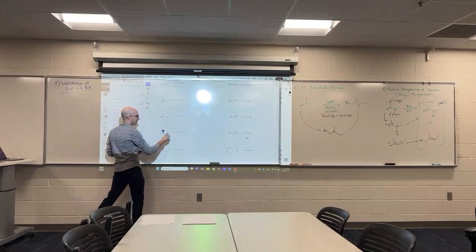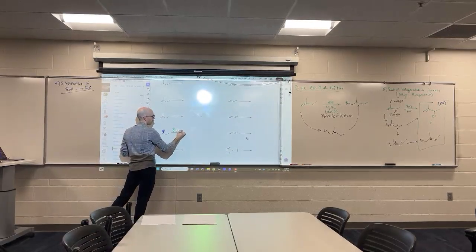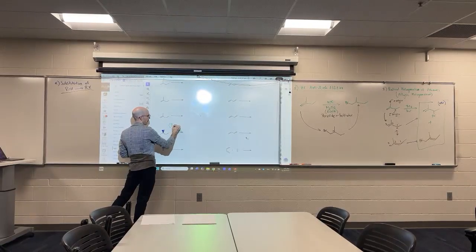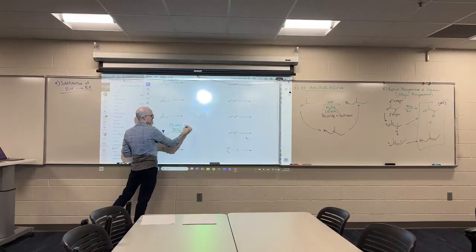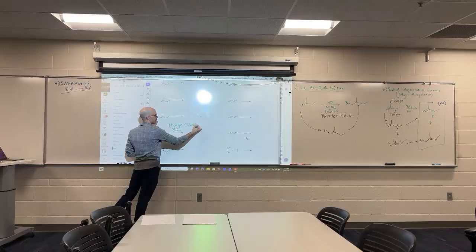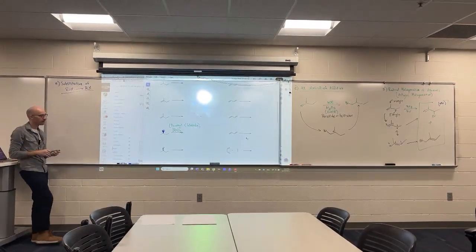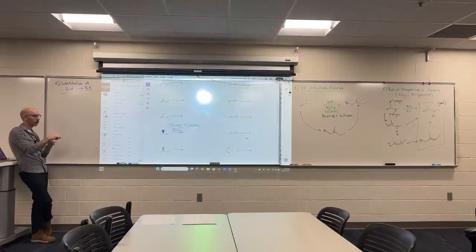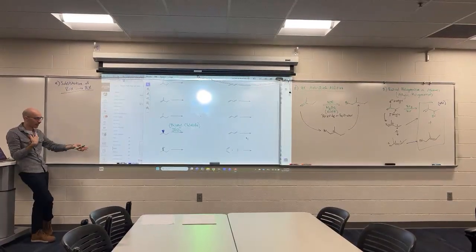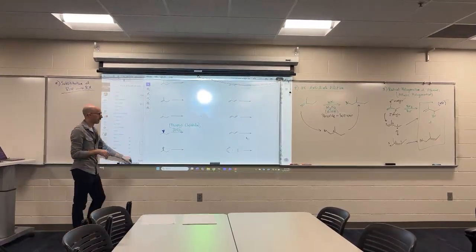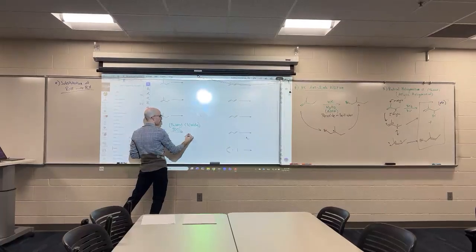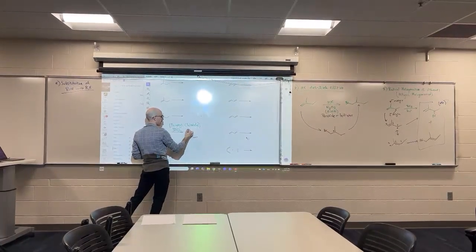When we react this alcohol with thionyl chloride, SOCl2, the thionyl chloride will react with the alcohol, leaving us with inverted stereochemistry at the chiral carbon.